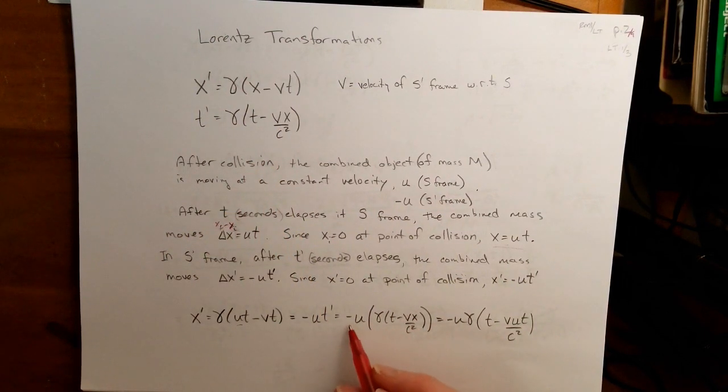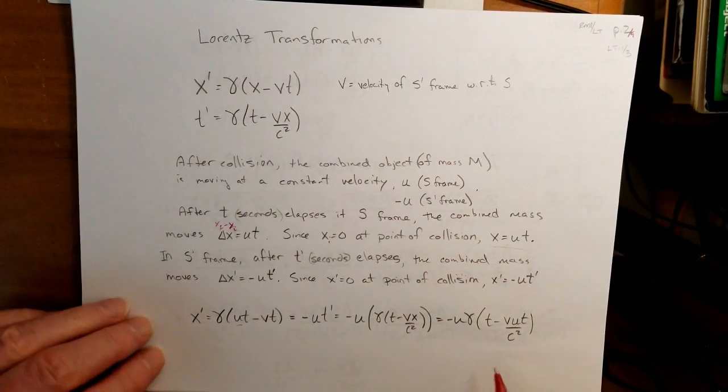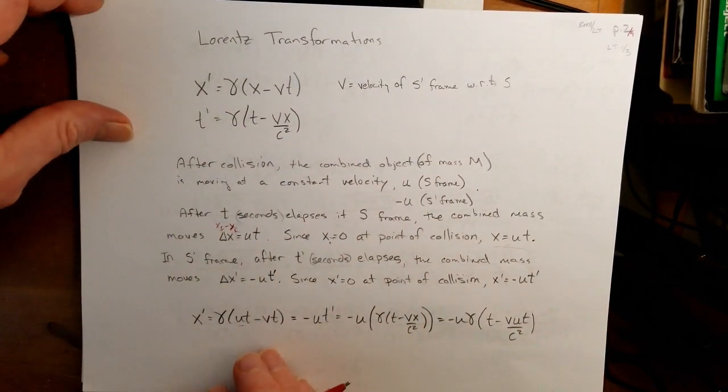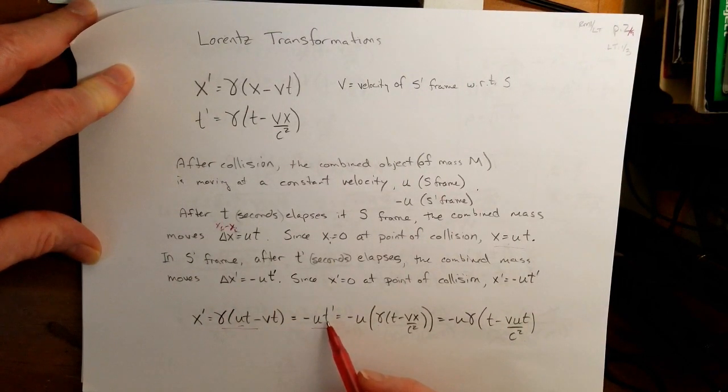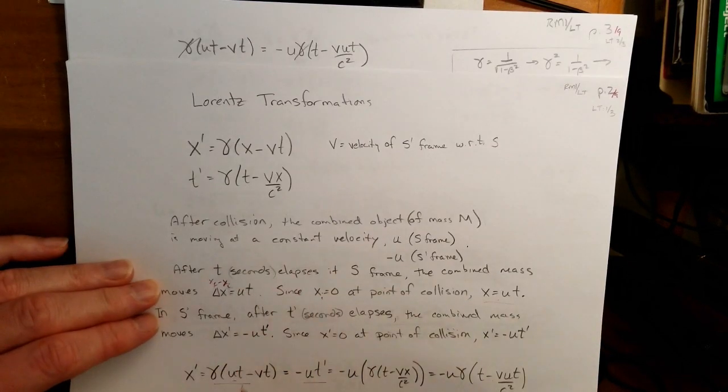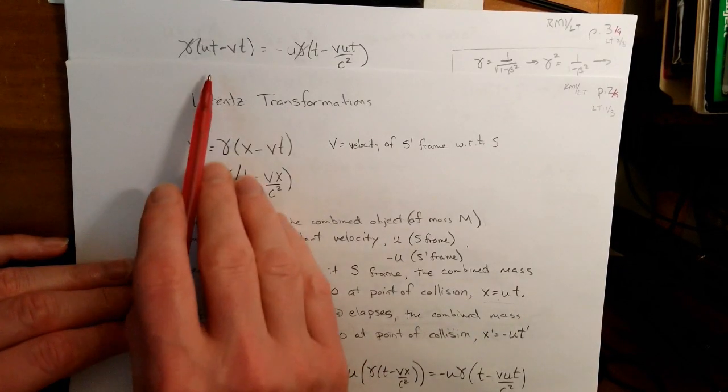So I have negative u times t prime, which is negative u times gamma times t minus vx over c squared, which can then be written like this. So I have two different ways of looking at x prime: this, and then using the Lorentz transformation for t prime, I can eventually get down to that. Equating these two versions of x prime.